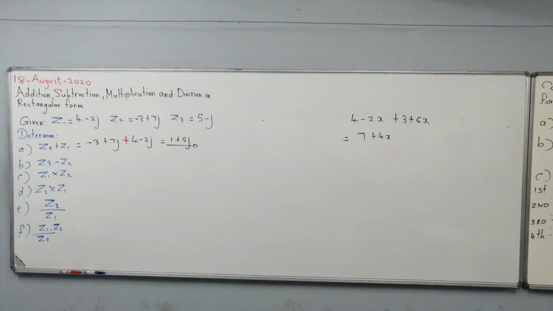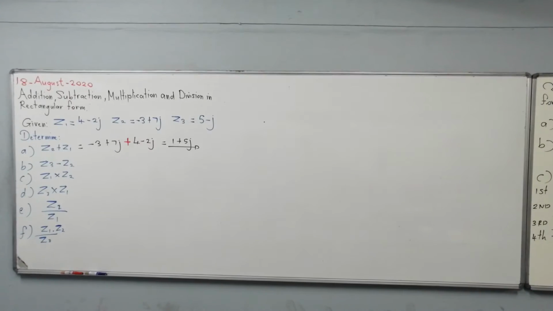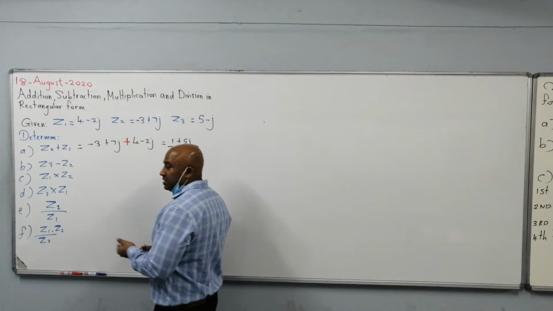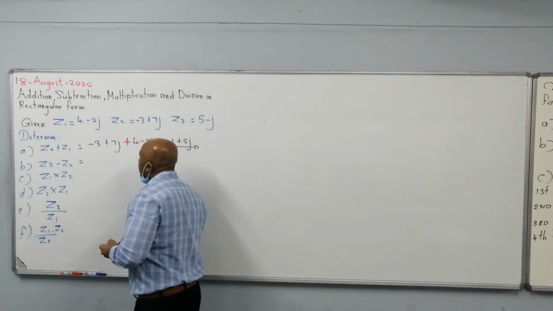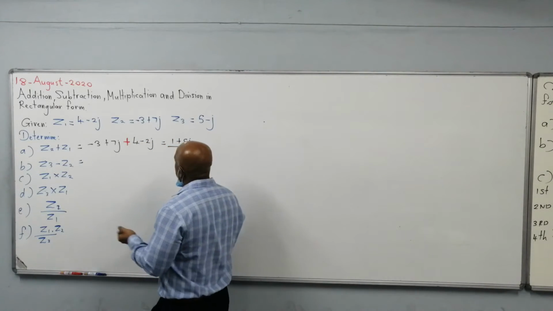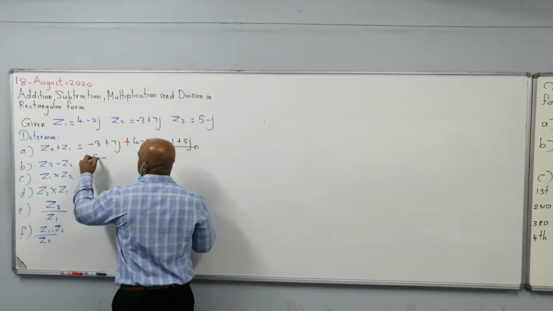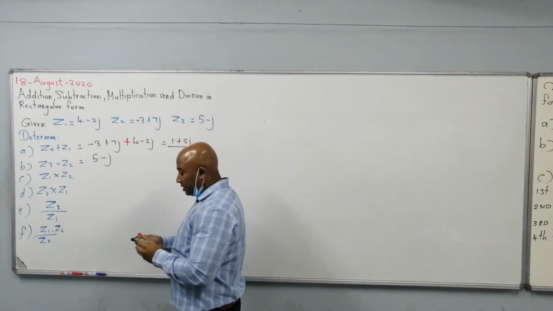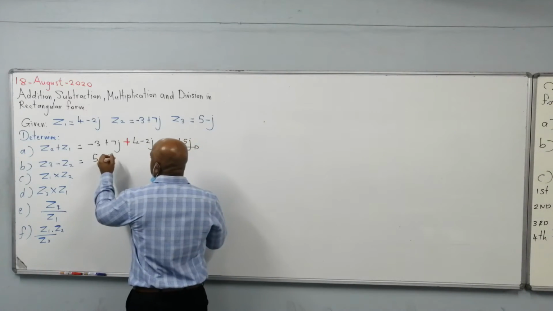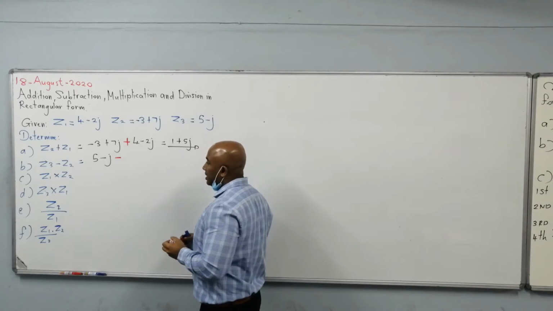I want you to do the next one before I do it on the board. Next one, Z3 minus Z2. So what is Z3? Z3 is 5 minus j, minus Z2. What is Z2?